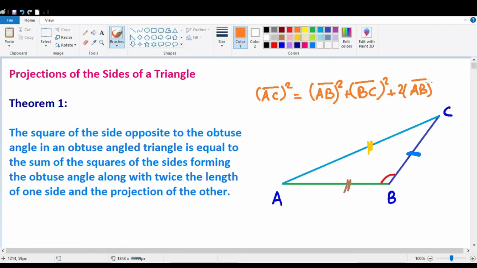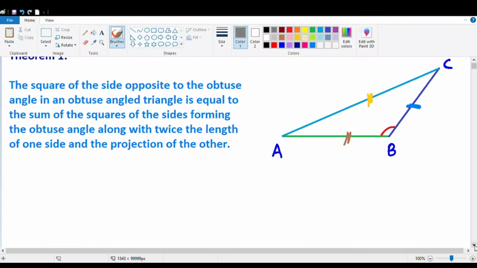So the length of one side is into AB and into what? It can't be BC. It has to be a projection of it, right? But we don't have the projection. So we do construction to get this projection.